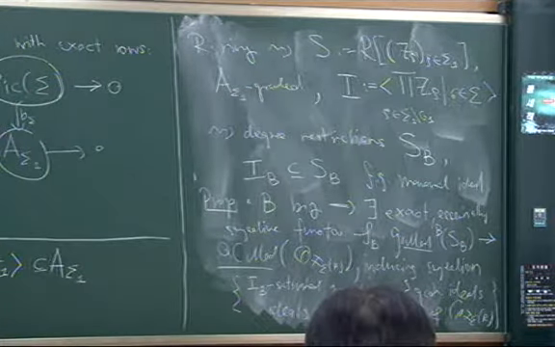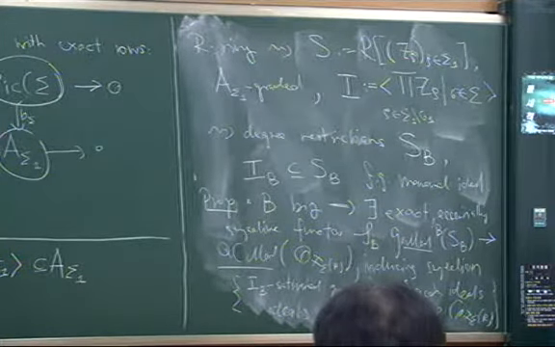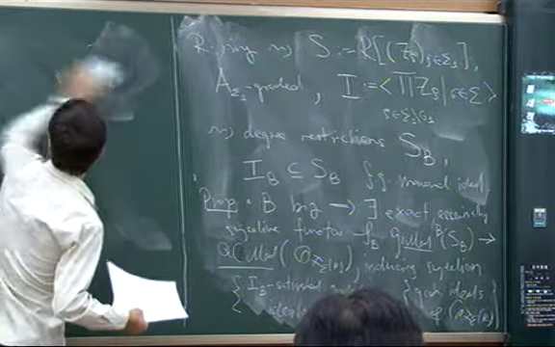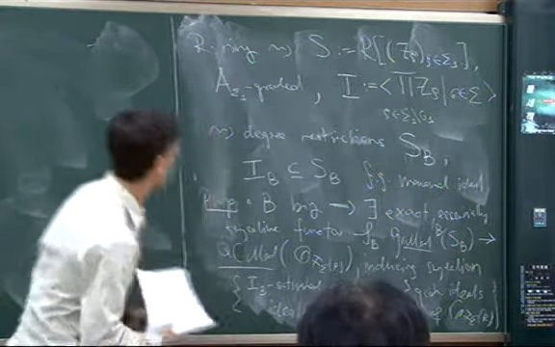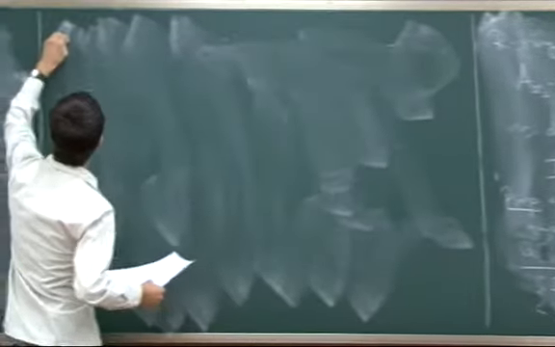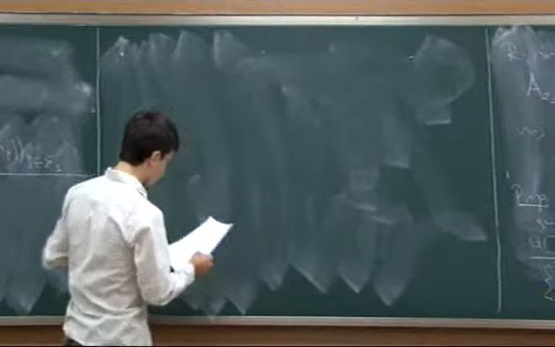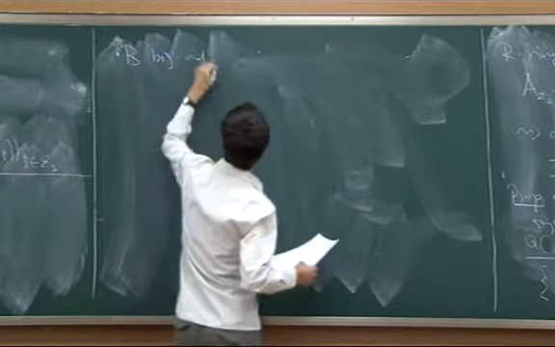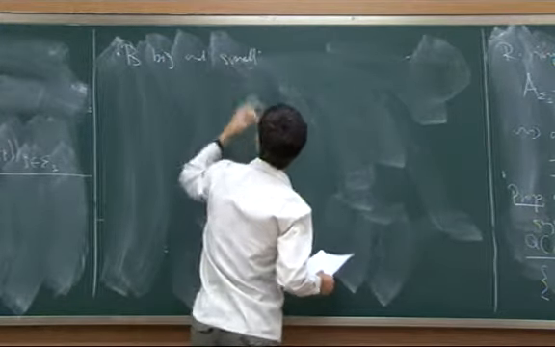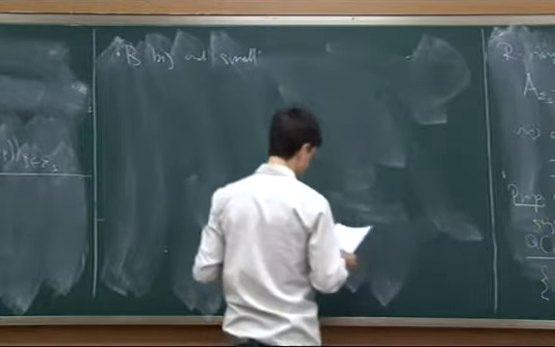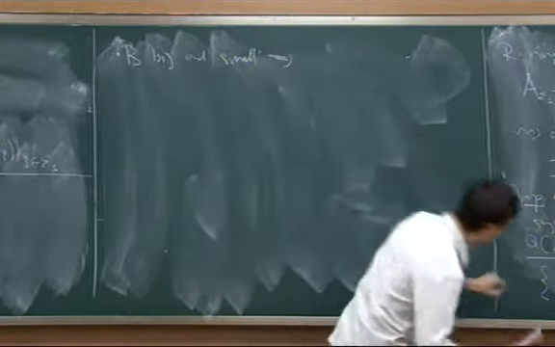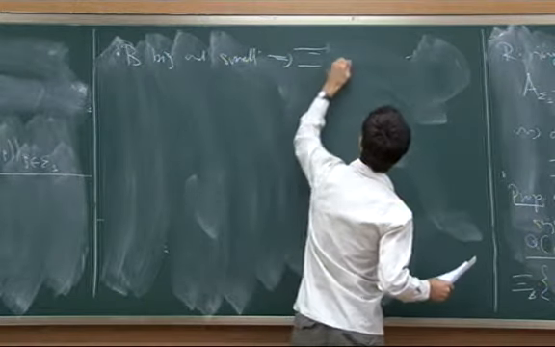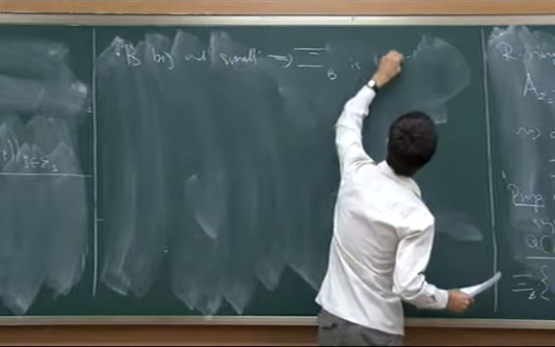I think now I can erase this. And the second part, so up to now we only use the group A, and now if B is big and small at the same time, and here this group A plays a role, then this map here, let's call it CB, is bijective.